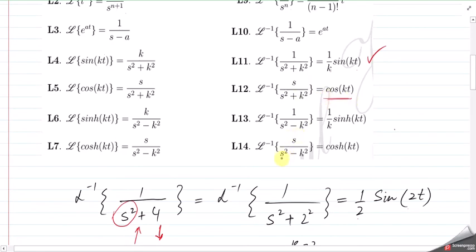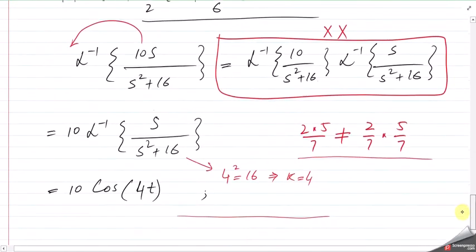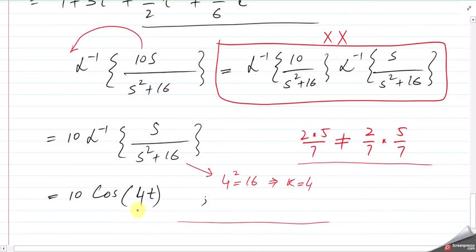S at the top, s square, but with a minus, that's hyperbolic. But we have a plus, so it's cosine formula. But what we need is k. To write the answer, we need k. So 16, we write it 4 square, it means k is 4. So 10 cosine 4t is our answer.